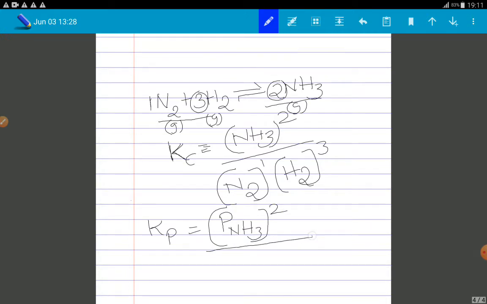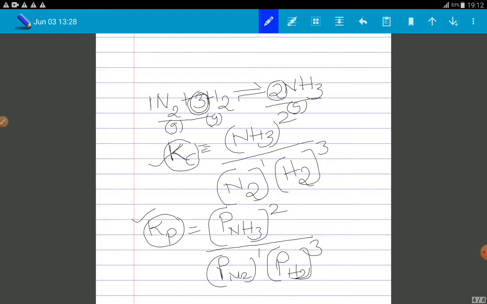Next divide by the reactants: the partial pressure of nitrogen, and the partial pressure of hydrogen raised to the power 3, because the coefficient is 3. Like that you have to write the Kc and Kp expressions if they ask, and for gases you go for the Kp and Kc relation.